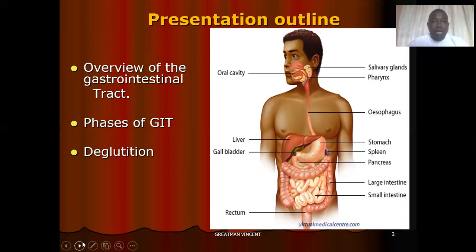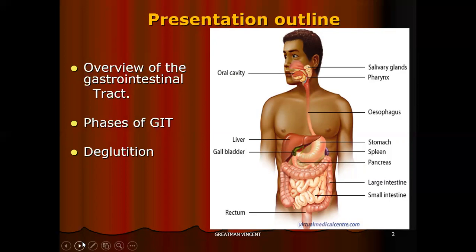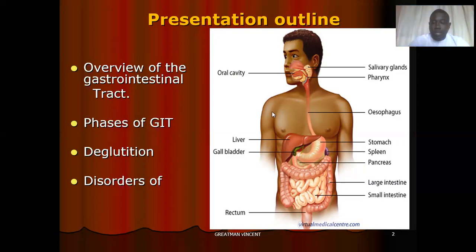We're going to look at the basic anatomic and physiologic mechanism behind swallowing. And then after we are done, we will also consider some of the disorders of swallowing. And of course, that is going to be our presentation for today. This is going to be the whole overview, and I believe that you're going to have time with me, and we're going to go through this together.